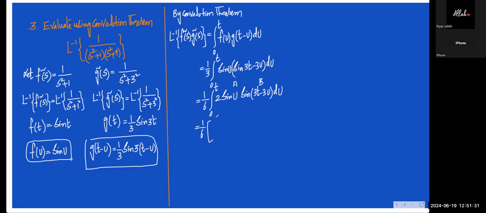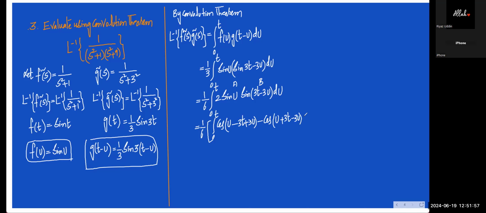let us apply the formula, 0 to t, cos of a minus b, these two u values, minus 3t, 3t plus 3u, ये हो गया a minus b, minus cos of a plus b, u plus 3t, 3t minus 3u.